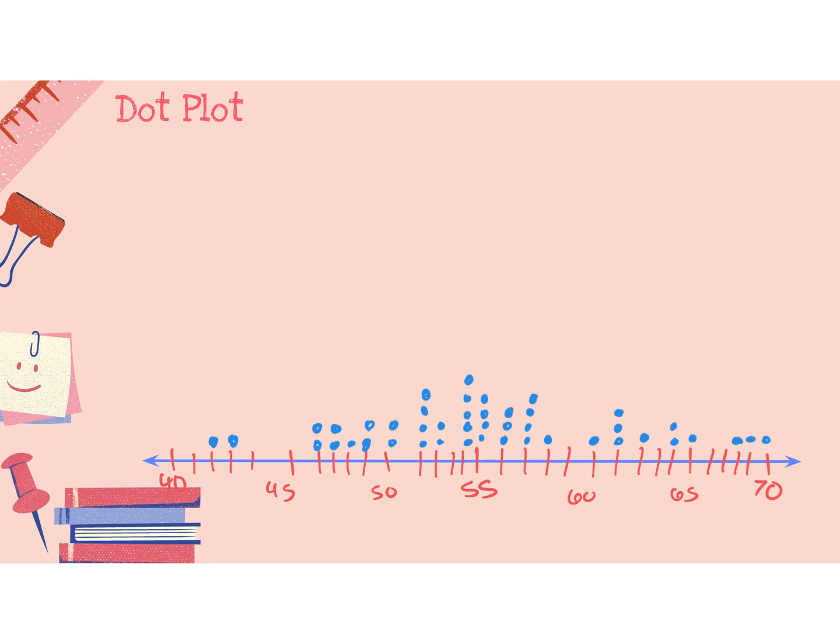And then here's our dot plot. You can see that most of that data is right here in between like 46 and what's that, 58? And then we have another little cluster right here. You also might notice that we have some areas where there are no data.